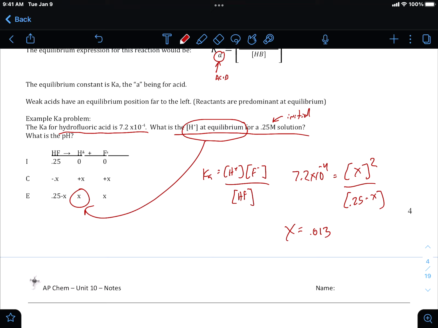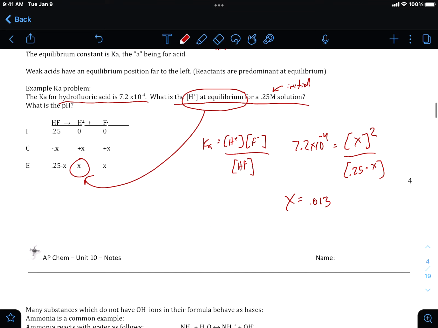0.013. So the equilibrium concentration is 0.013 for H plus, but also for F minus, because it's a 1-to-1 ratio. And the concentration of HF at equilibrium would be 0.25 less x, which is 0.237.